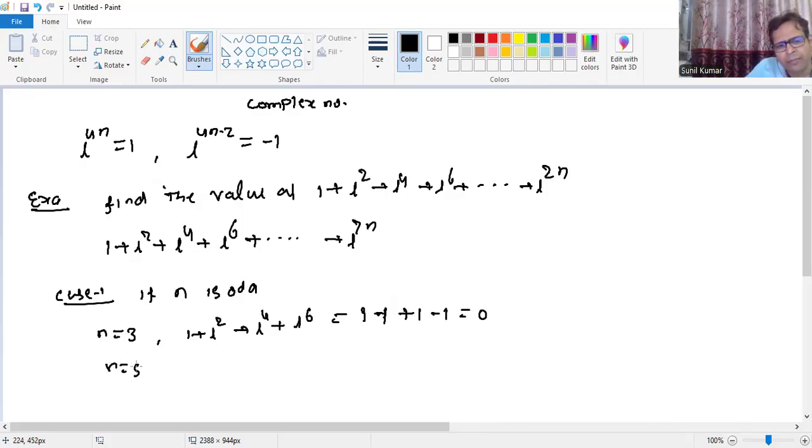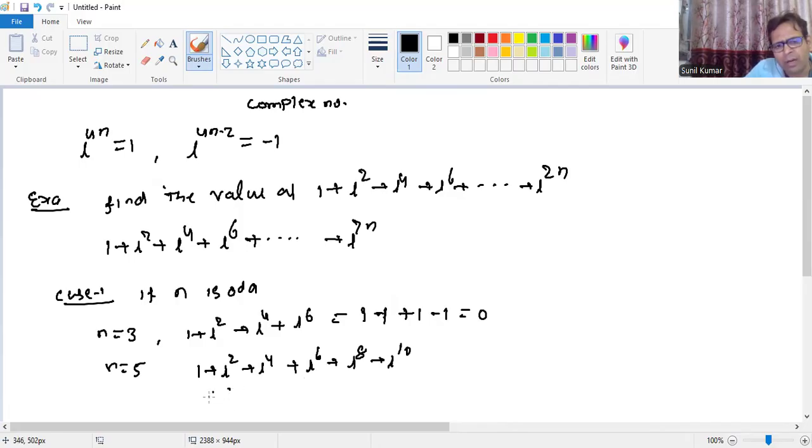Similarly, if n is 5, we get 1 plus iota power 2, iota power 4, iota power 6, iota power 8, and iota power 10. Total terms are 6.